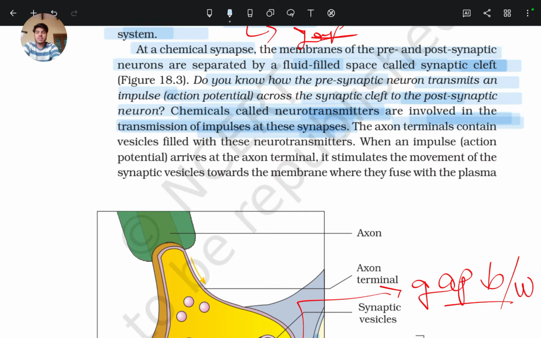The axon terminals contain vesicles filled with these neurotransmitters. So the terminal end of the axon contains vesicles, and those vesicles are filled with neurotransmitters.